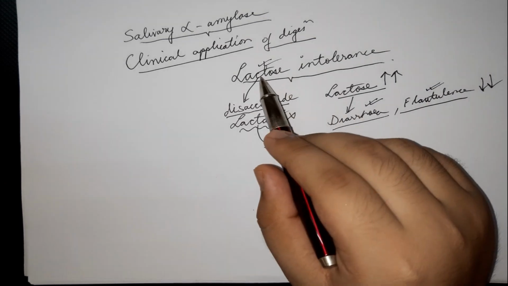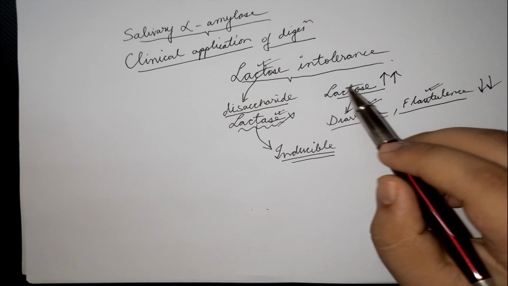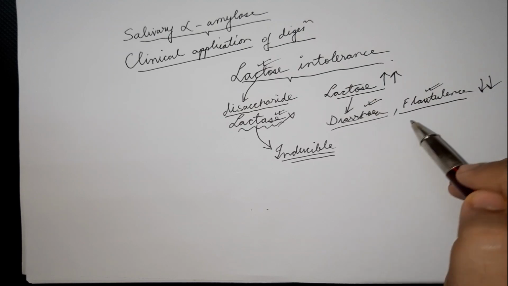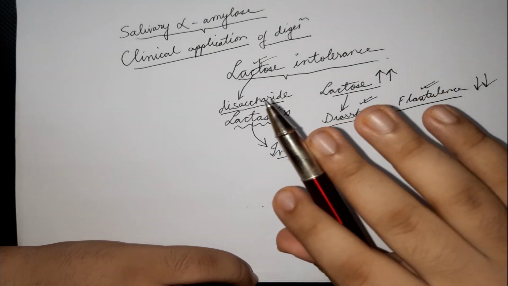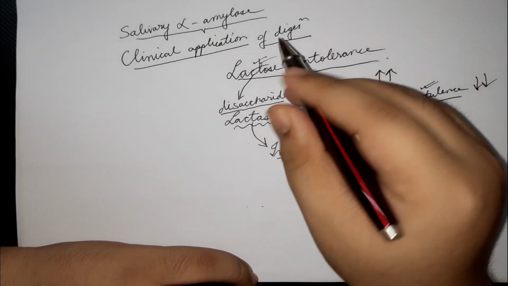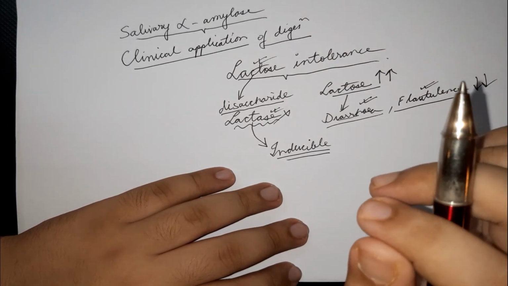If the lactose is not present, then obviously these conditions due to lactose intolerance will also not be present. So the best treatment is obviously to completely stop any kind of lactose source, okay?